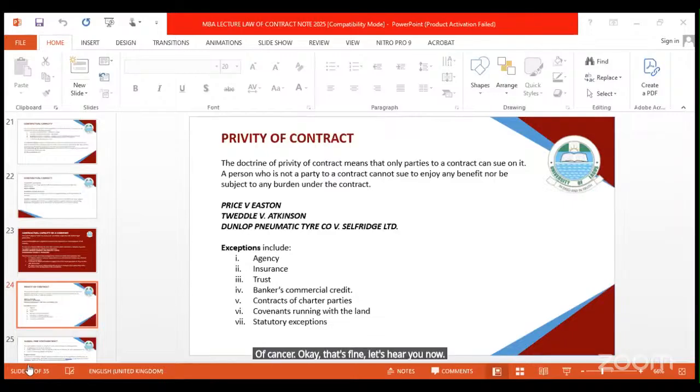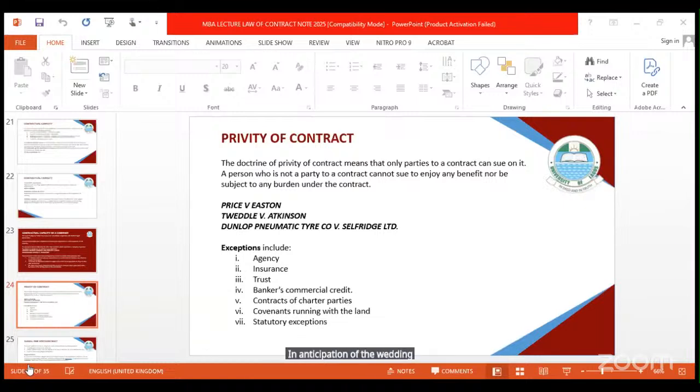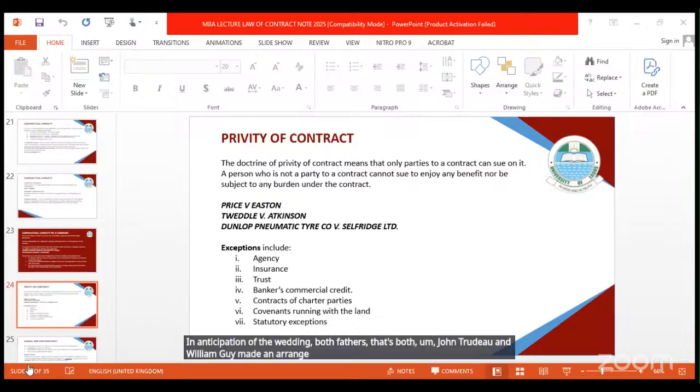William Tweddle was to marry the daughter of William Guy. In anticipation of the wedding, both fathers, John Tweddle and William Guy, made an arrangement to pay the couple money.